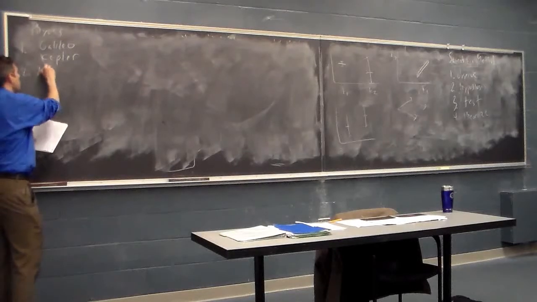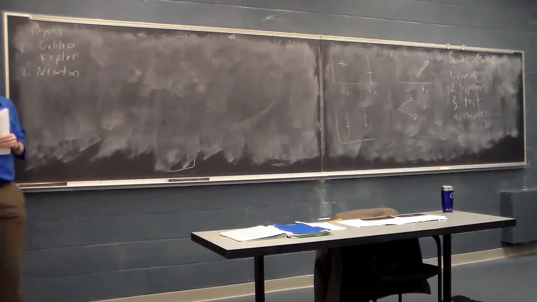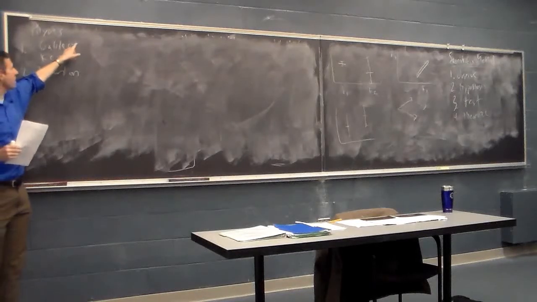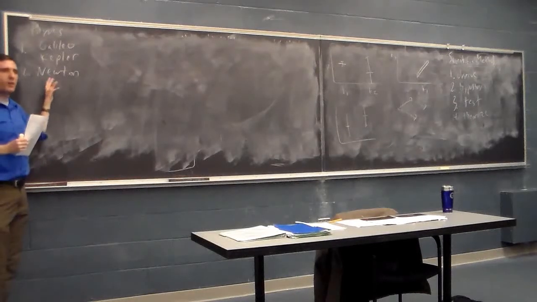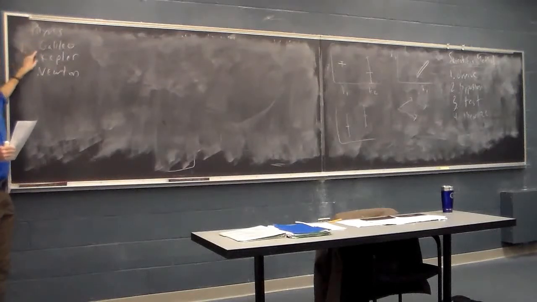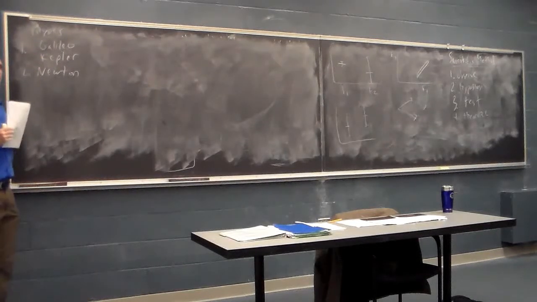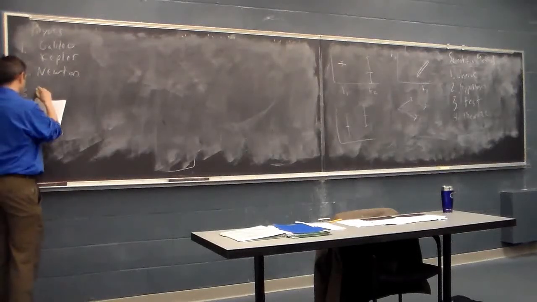Later on, Newton came along, and Newton's big contribution to gravity was to realize that Galileo's laws and Kepler's laws were both special cases of the same law. So he came up with his law of universal gravitation, which showed that the laws Galileo and Kepler had described both actually followed from a common universal law.